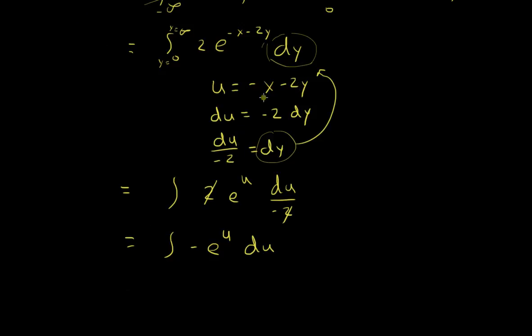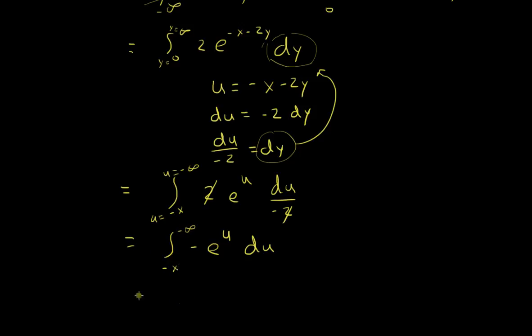If I plug in infinity for y, I would get negative x minus infinity. That's basically negative infinity, right? Whatever negative x is, it's so small compared to the infinity we're subtracting. So my integration bounds are from negative x to negative infinity.